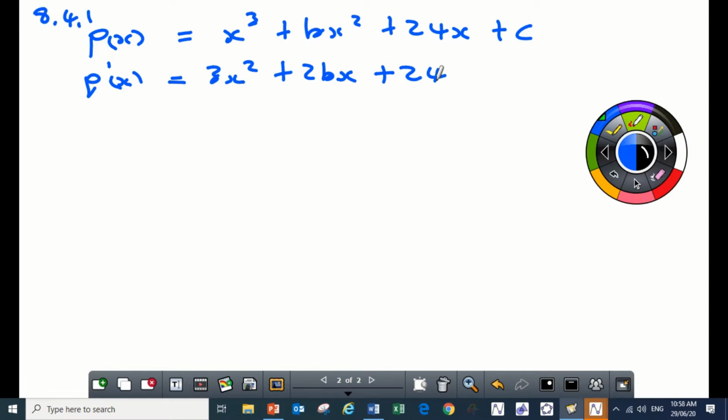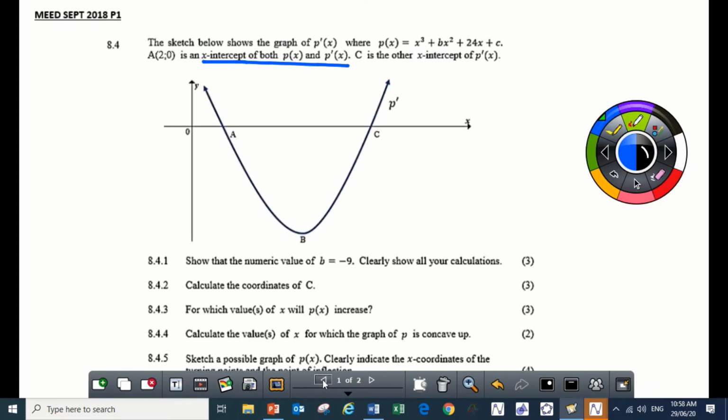Okay, let's go back to the graph. If a point like this, A, is an x-intercept, what does that tell you about the turning point of the cubic graph? It means one of the two turning points is on the what? X-axis.